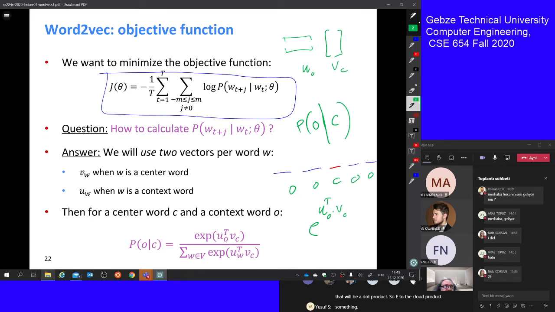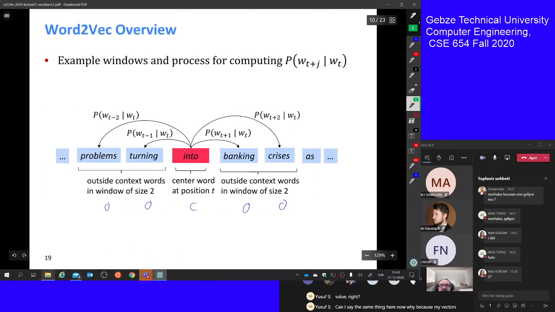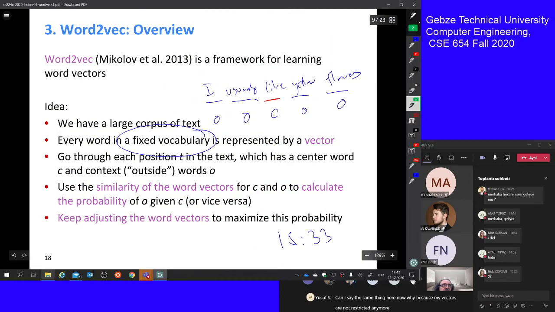Remember when I asked a question, what did I say? If I multiply the vectors of two documents, remember the TF-IDF representation? Somebody told me that from TF-IDF representation multiplications, you cannot get a negative value, right? Can I say the same thing here? No. Why? Because my vectors are not restricted anymore, since I was doing some counting in that case.